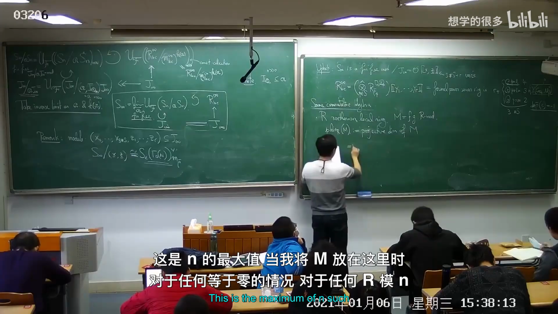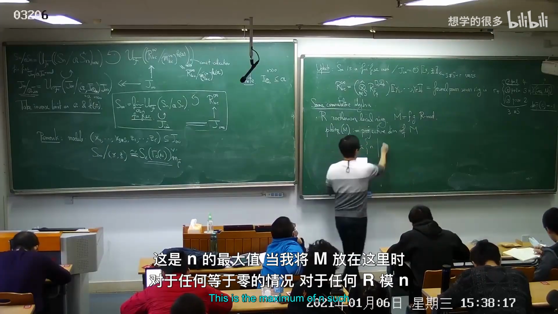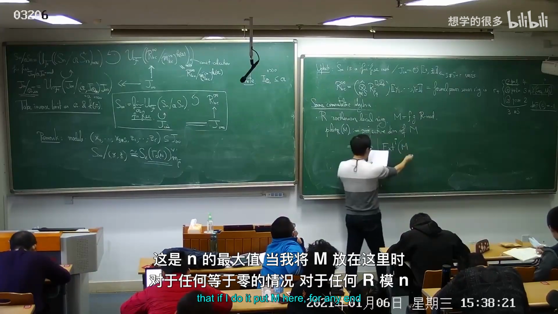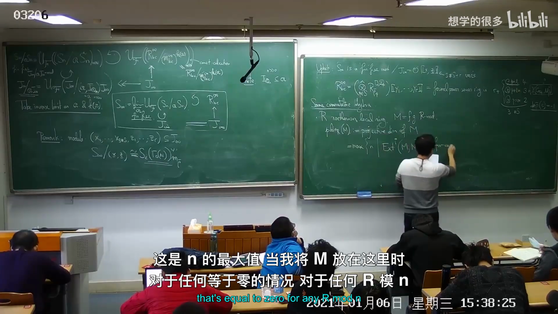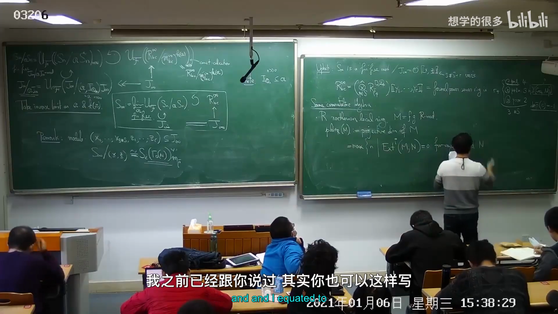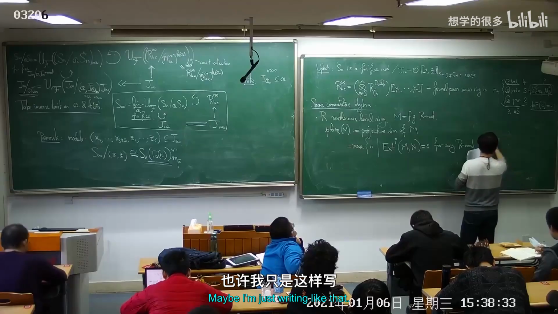This is the maximum of n such that Ext^i(M, N) is equal to 0 for any R module N, and i greater than or equal to n. Maybe I just write it like that.